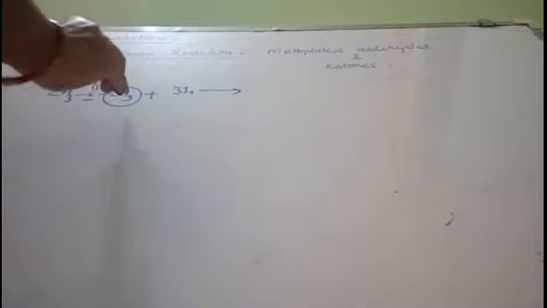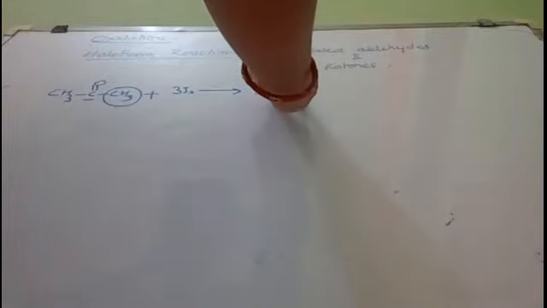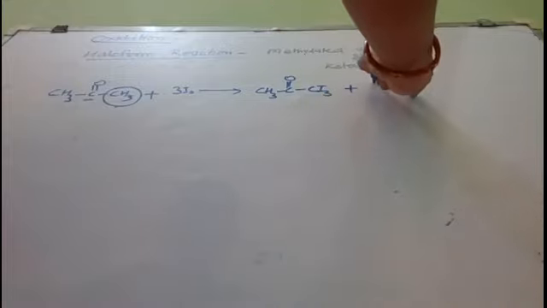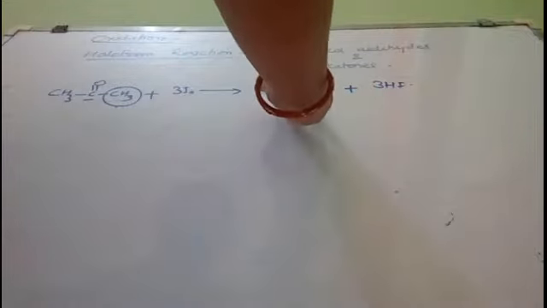So when there is a methyl group next to the carbonyl group, and you react it with halogen, this methyl group will be halogenated, right? So here you will get CI3 and 3HI will be removed. Got it? This is known as the triiodo compound.